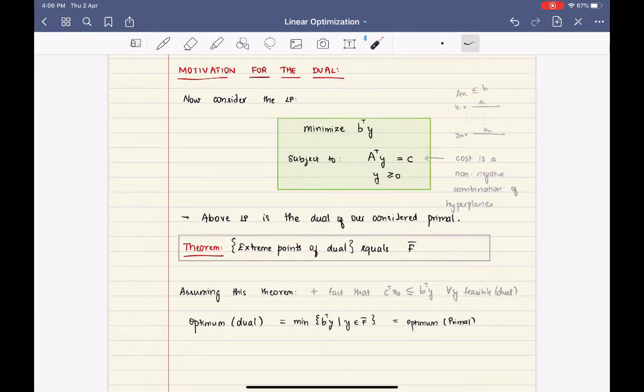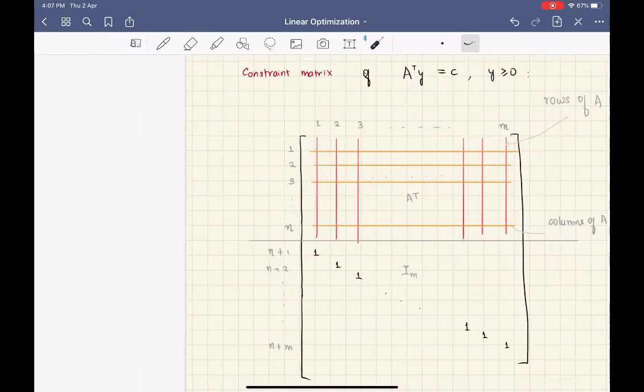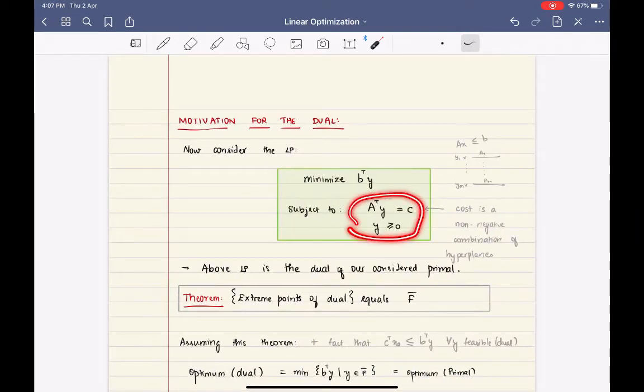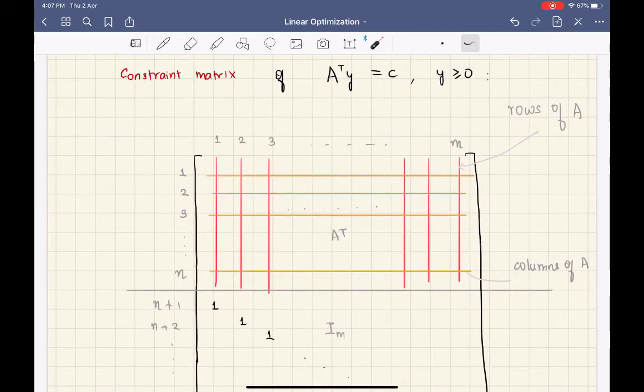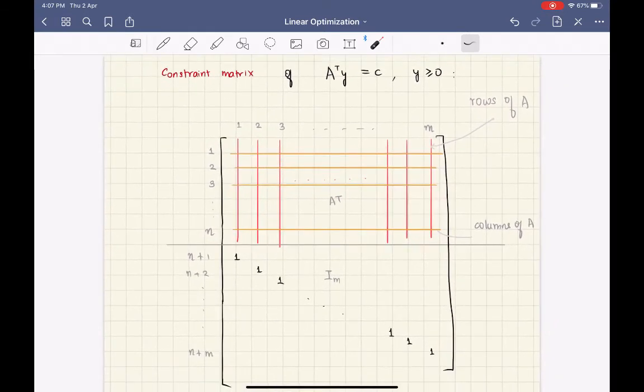So to do that, let's first analyze the constraint matrix. So it's going to be A transpose Y equal to C, and Y bigger than or equal to 0. So how will it look like? So the first row of this will be the first column of A. So all these orange lines are columns of A. So there are how many columns in A?